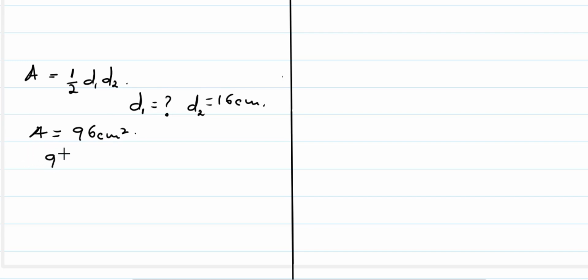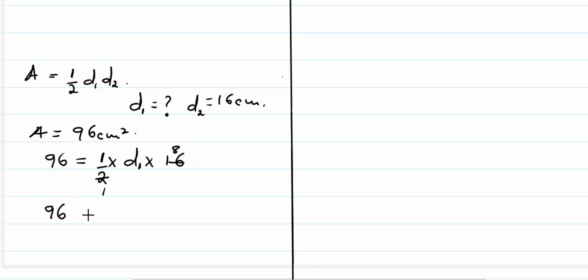So the area would be 96 is equal to half of d1, but we don't know d1, so I can just put it like d1, then multiply by d2, which is 16. And from there, I can divide 16 by 2, 8. So it becomes 8 multiplied by d1 multiplied by 1, it will be 8 d1.